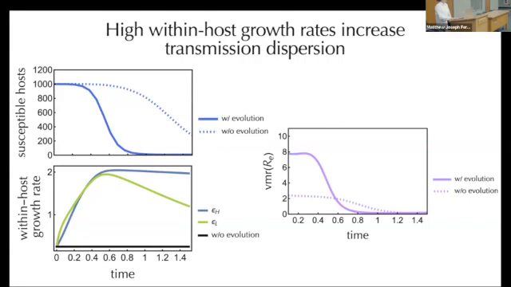And this then drives high transmission dispersion because that high yield host is transmitting more than the low yield host. You see that both high yield and low yield hosts have those high within-host growth rates, and the high yield host has higher transmission and lower virulence, so it's driving more transmission.